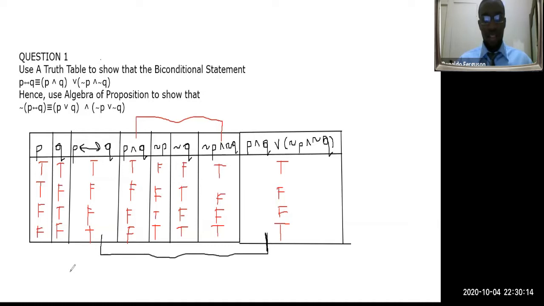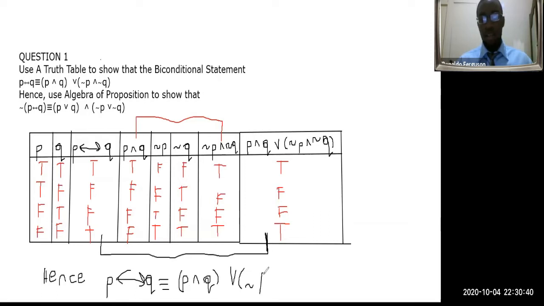And so hence, always write a conclusion. Hence, you can write that the biconditional statement P if and only if Q is logically equivalent to P and Q or not P and not Q.